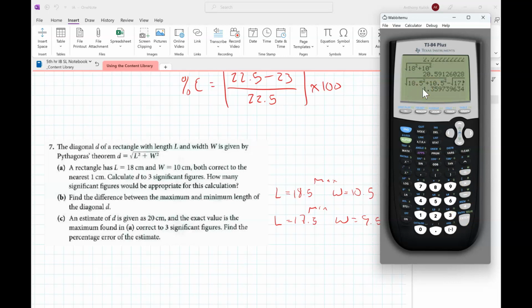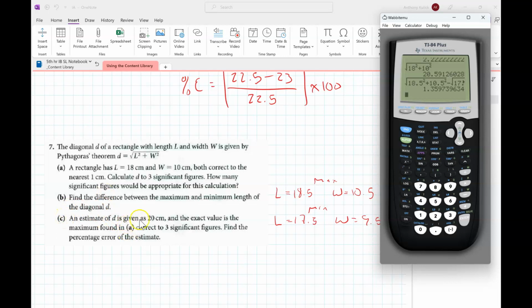So I just calculated the D for each of those situations and looked at the difference. So I get about 1.4 centimeters or something. Or actually 1.36, 3 sig figs probably.